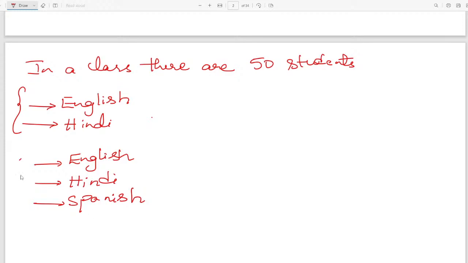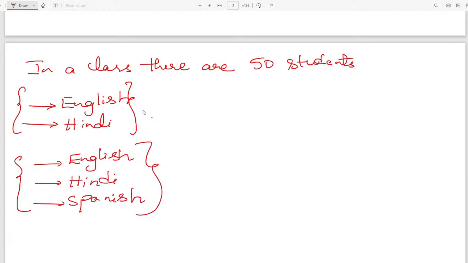So this is the other kind of question. When they say that there are only two things for which the 50 students or any category of people belong, that is one kind of question. And the other questions are where three items are there.